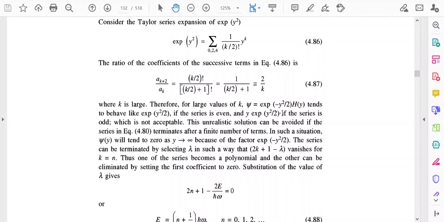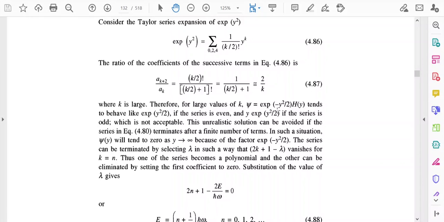So we have to take hy in such a way that the series terminates after some particular terms. If we manage to do that, then because of the term e to the power minus y square by 2, the value of psi will not be infinity when we make y equal to infinity. So now we have to terminate hy somehow.